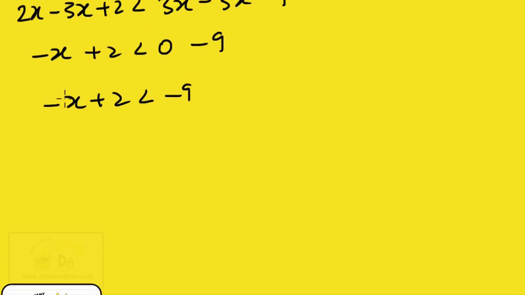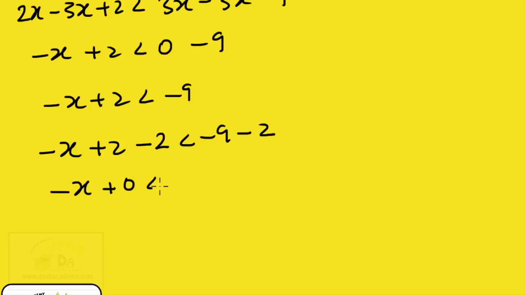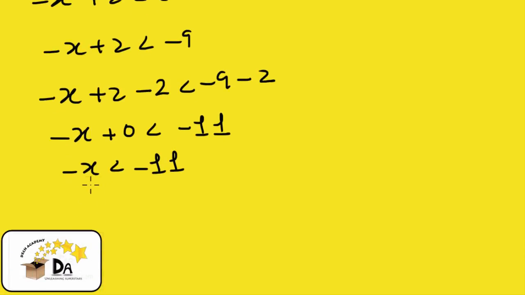I want to isolate x on the left hand side, so let's get rid of this plus 2. Let's subtract 2 from both sides. This gives minus x plus 2 minus 2 is 0. Minus 9 minus 2 is minus 11. So I have minus x is less than minus 11. I just want to isolate x on the left hand side because I'm making x the subject of this inequality.